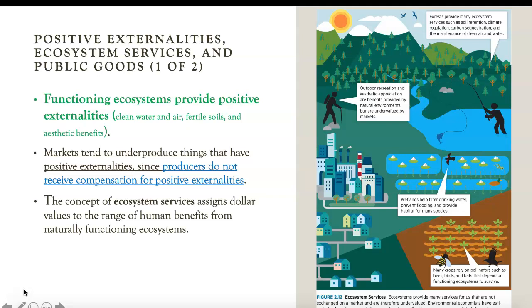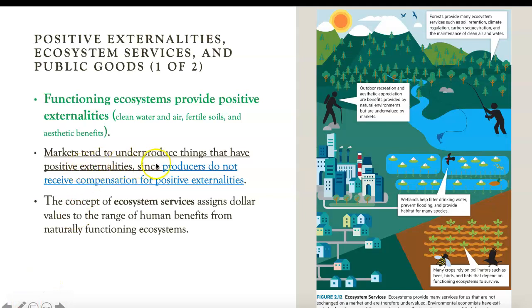So why do we produce a lot of harmful things and not enough good things? Imagine you get a bonus when you sell 10 cars, right? But you do not get a bonus when you plant 20 trees in your neighborhood. So this is an example.